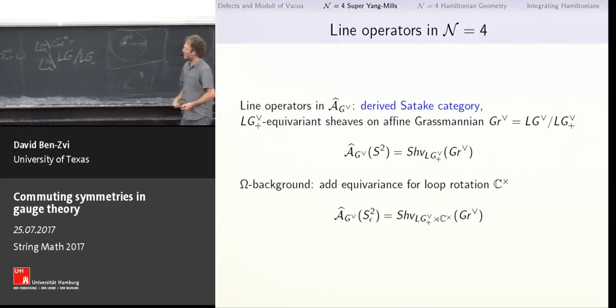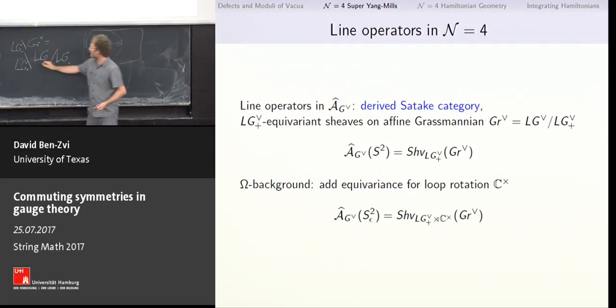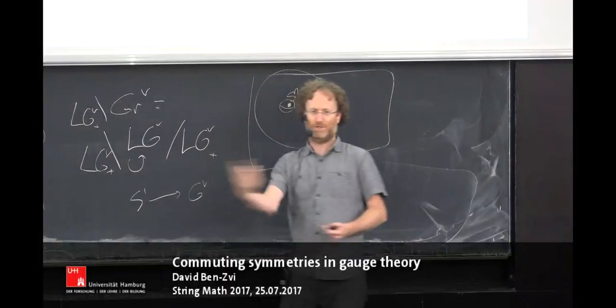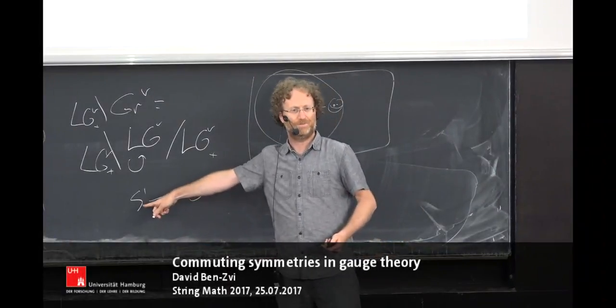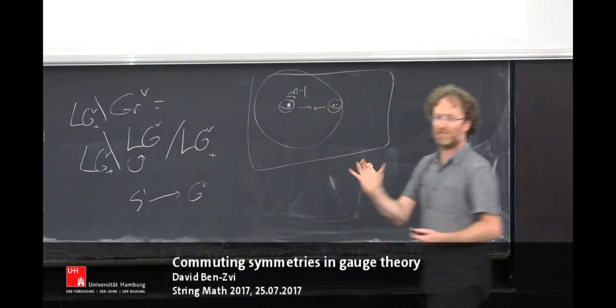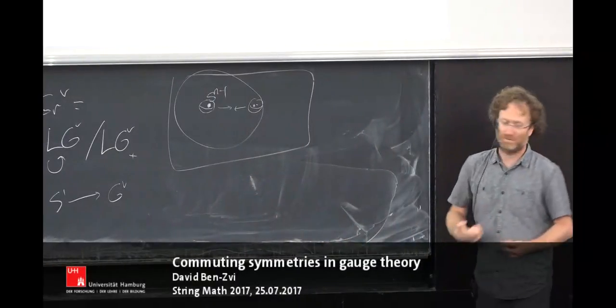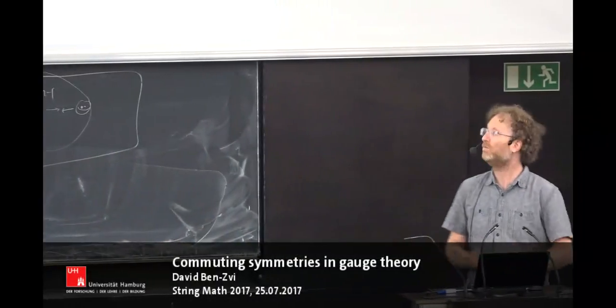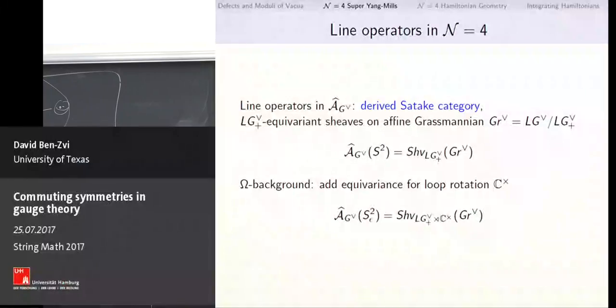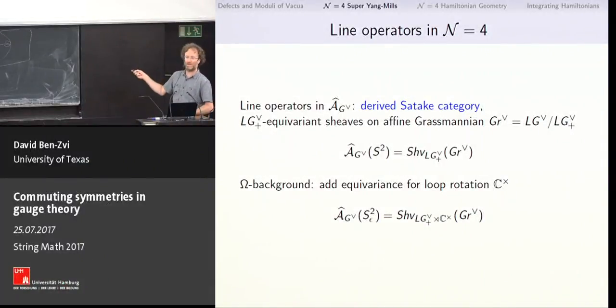From this point of view, the omega background, the rotation, just means you rotate the loops. This is some kind of space of maps from a circle. This is the circle you're rotating. So the affine Grassmannian carries an action of rotations, and studying line operators in omega background from this point of view means studying sheaves in the Grassmannian that are equivariant for loop rotation. Okay, so this is a complicated object.